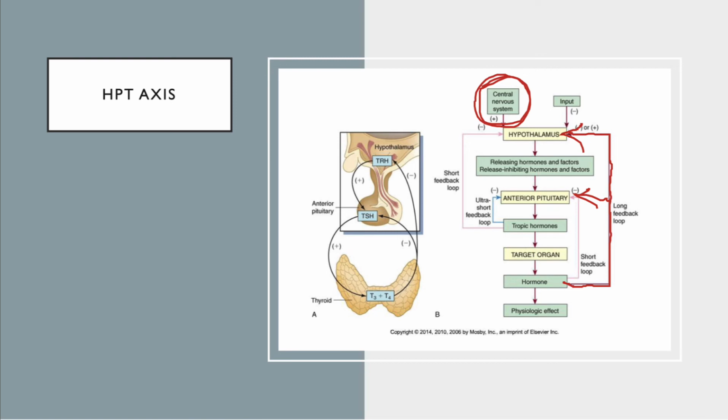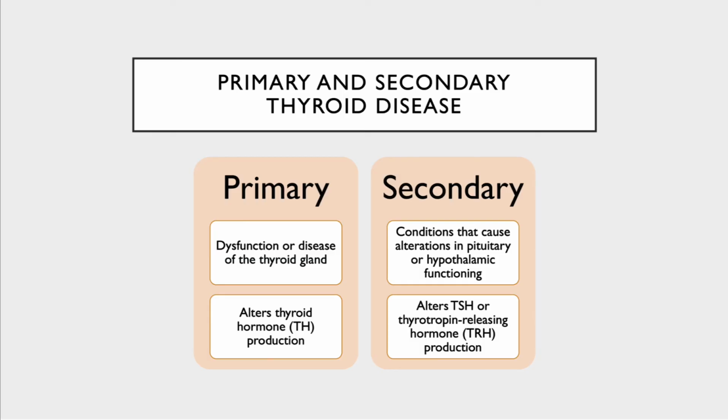Now I'm going to change everything and explain to you that all that stuff that we just talked about with hypothyroidism depends on the thyroid being the problem. That is a primary endocrine disorder. When the thyroid, or the end organ that's producing the stuff that you want it to, when that's the problem, then we call that a primary endocrine disorder.